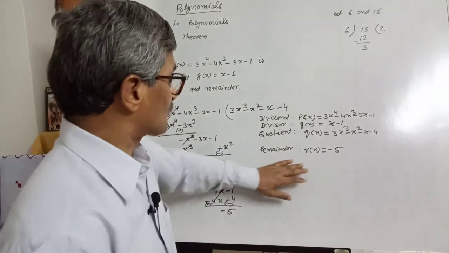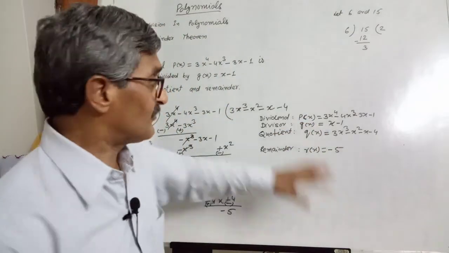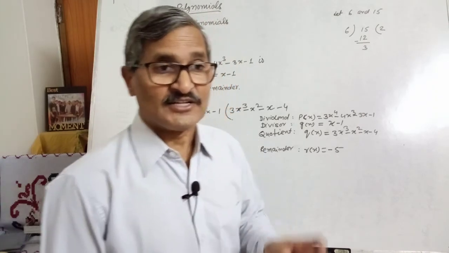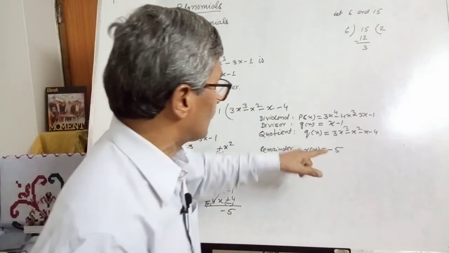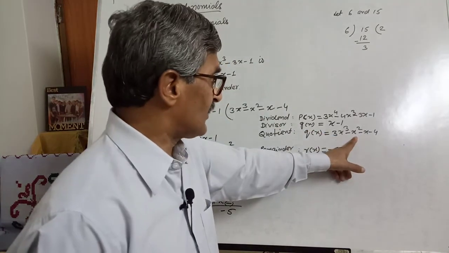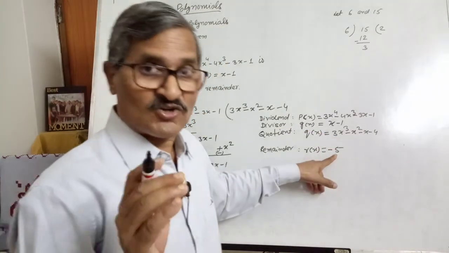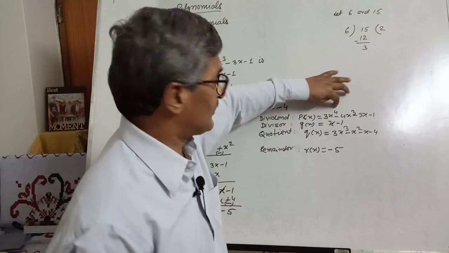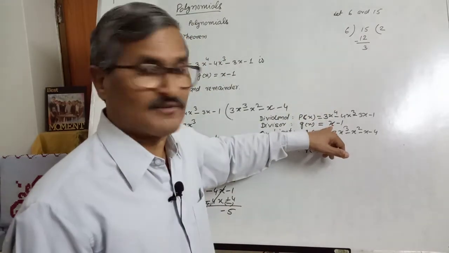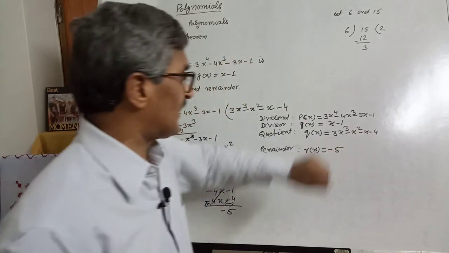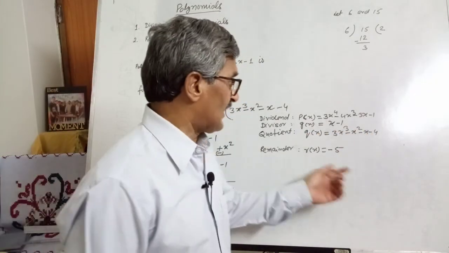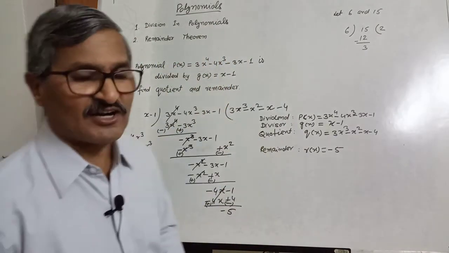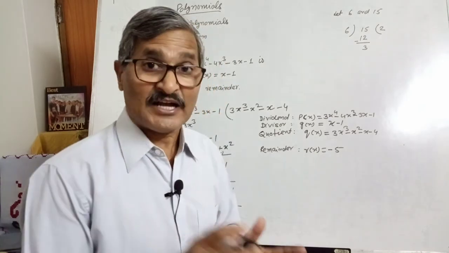If a polynomial is divided by another polynomial, then we will get a quotient and remainder as polynomials. Here the quotient is a cubic polynomial, but the remainder is a constant polynomial, degree 0. A polynomial of degree 4 is divided by the linear polynomial x minus 1. We have got a cubic polynomial as quotient and a constant polynomial as remainder, and this is the complete method of division of a polynomial by another polynomial.